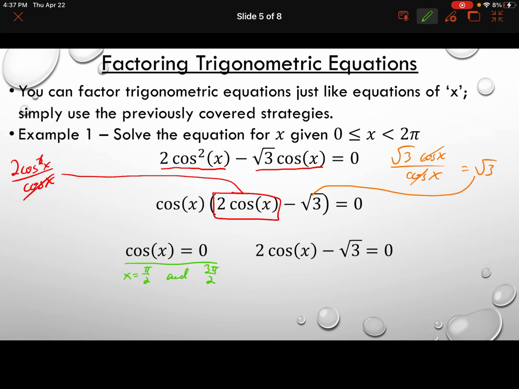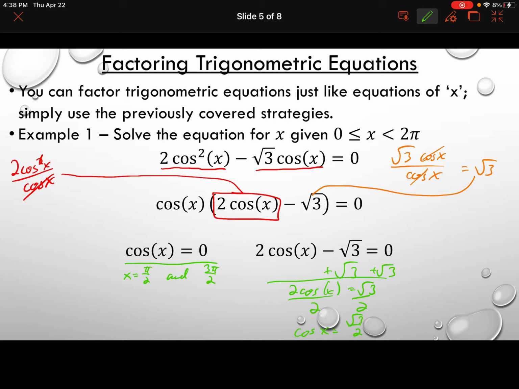Well, the other one we have to do a little bit of math. We add the square root of 3 to both sides. So we end up with 2 cosine of x is equal to the square root of 3. Divide both sides by 2. So cosine of x is equal to square root of 3 over 2. Now we just have to determine where cosine is equal to the square root of 3 over 2.